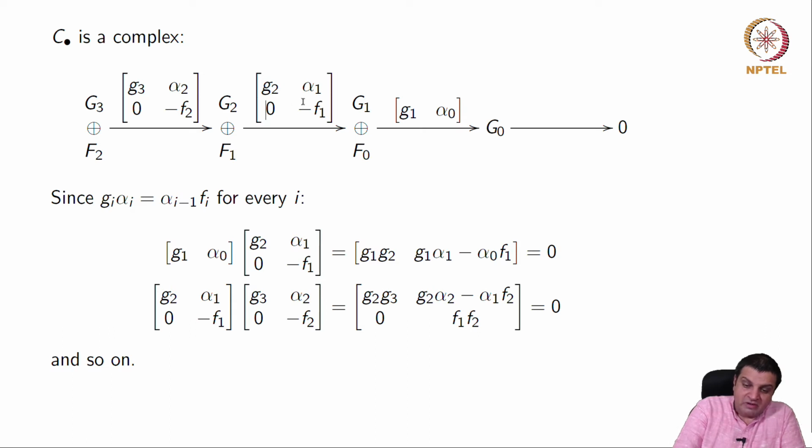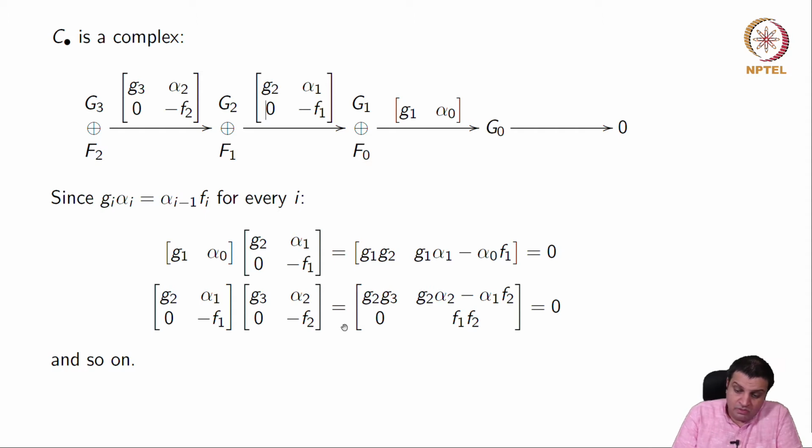This is the one that's applied first, and then this 1 by 2 looking matrix. So this is the composition, and one can immediately check that because the diagram commutes, g1 alpha 1 equals alpha 0 f1, and because we introduced a minus sign, they cancel each other and we get the 0 map.